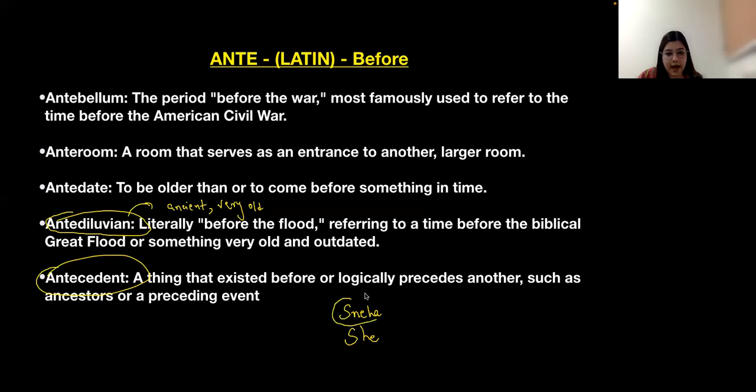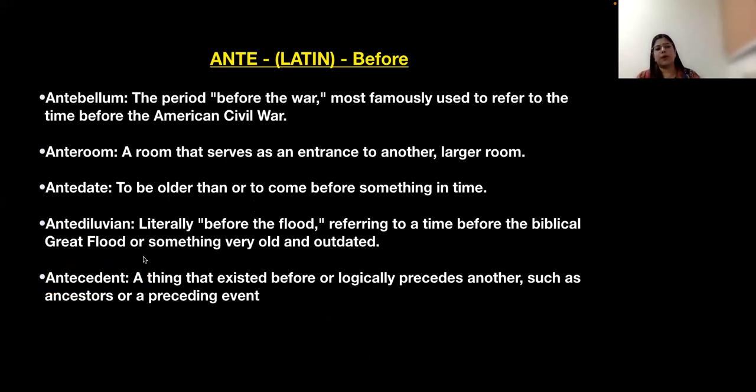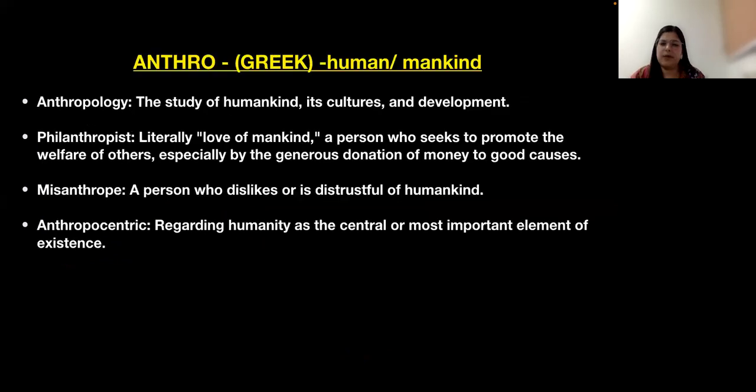So Sneha acts as an antecedent for the pronoun she. So it's usually used in grammar. It means a thing that has existed before another thing or that precedes another thing. It could be used to refer to an ancestor as well, but generally we tend not to, but could be.